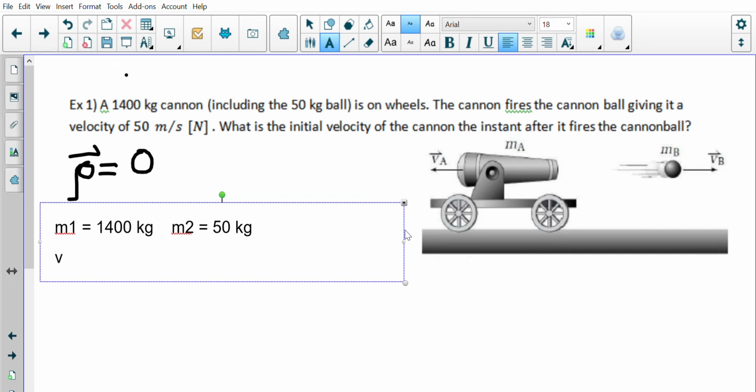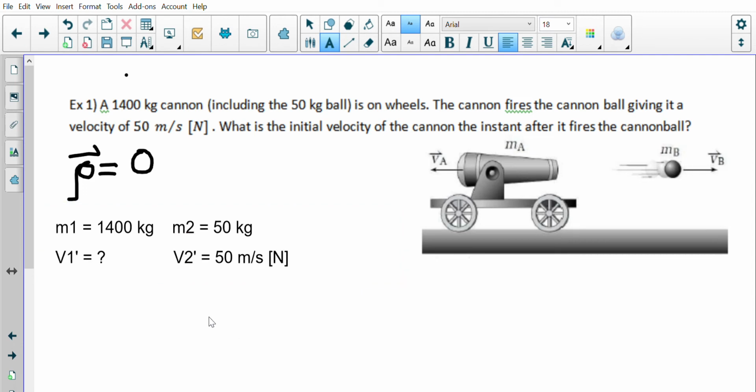So our v, how am I going to write this? v1 prime. Yeah, that's how it works. That is the cannon. We don't know its velocity. Now, v2 prime, the cannonball. We have 50 meters per second north. So I'm going to say 50 meters per second, and that's going to mean north.